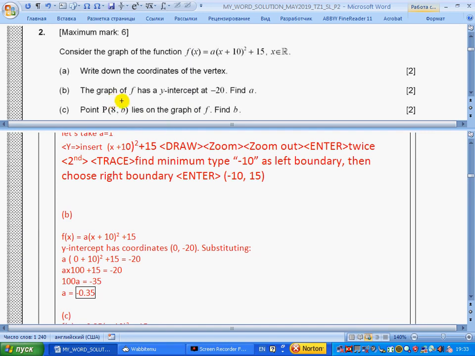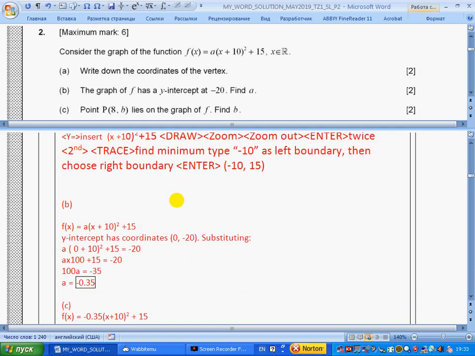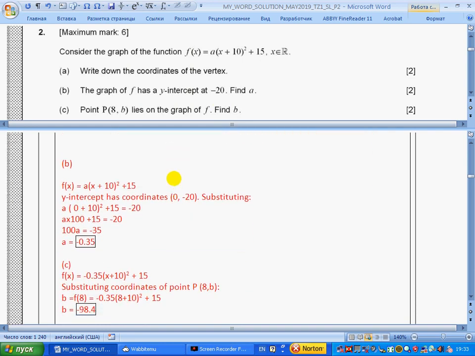The graph of f has a y-intercept at minus 20. Find a. The y-intercept means that x equals 0. So when x equals 0, the value of the function is minus 20. In this case we can find a.